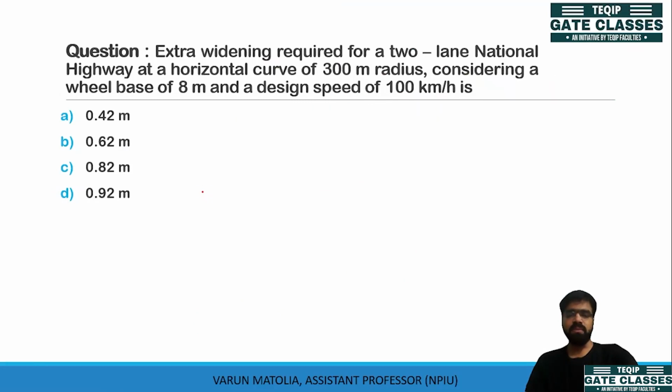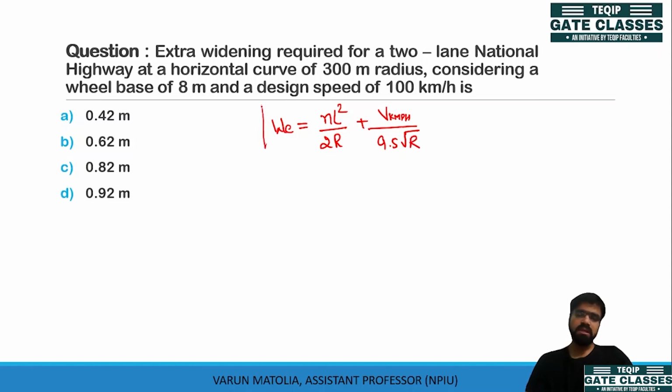Let us write the formula again. Extra widening equals to ... V in kilometer per hour. This is the formula. Just put the values and find the answer.